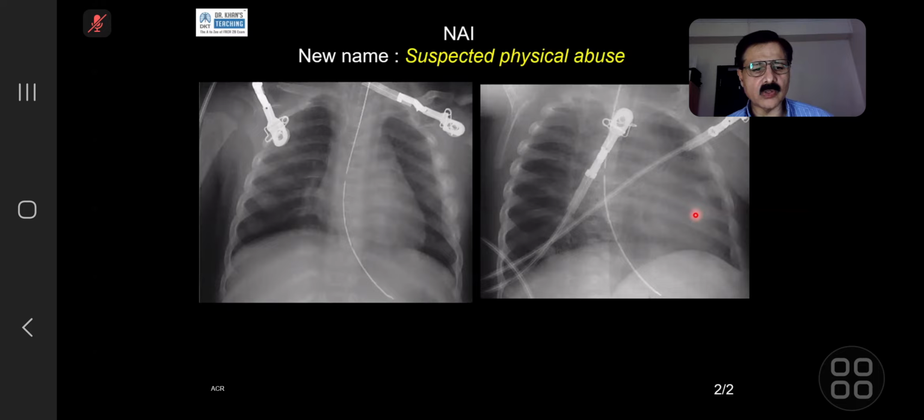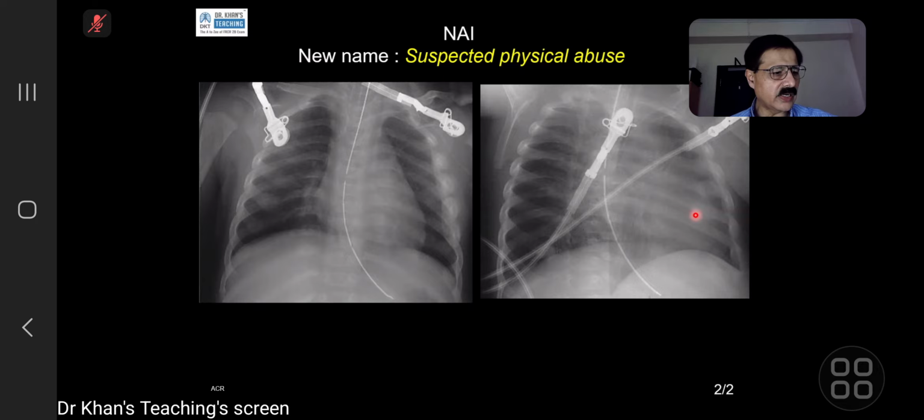Now, one thing which I want to tell you is that we have changed the word for NAI once again. In my radiological lifetime, I think we have changed it so many times. The first David Sutton, which I have, 1987 edition, the word battered baby syndrome is there for this. And then we said it's politically incorrect to call it this, another word, NAI. Now we have changed it to suspected physical abuse.